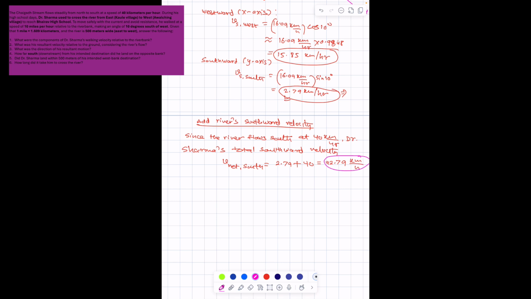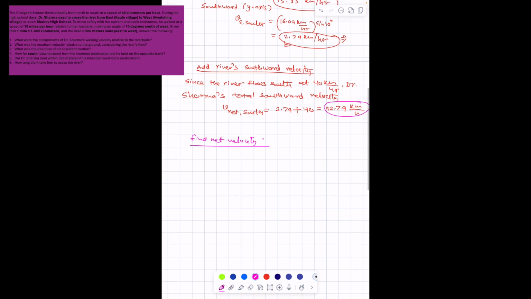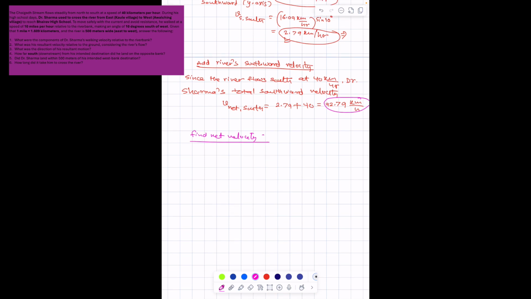So let me go for another part. What was his resultant velocity relative to the ground considering the river flow? So how to do that? Direction of the resultant motion. So find net velocity first. Dr. Sharma's net velocity would be here.